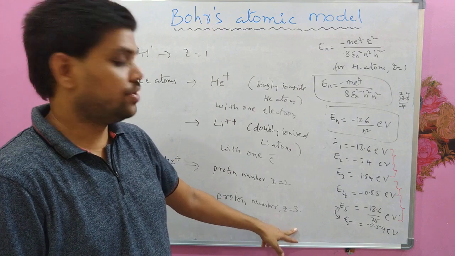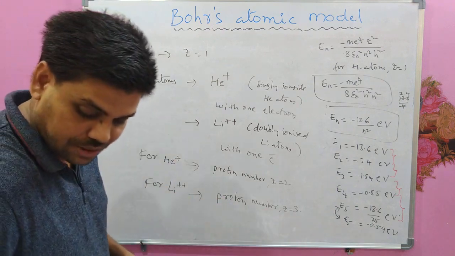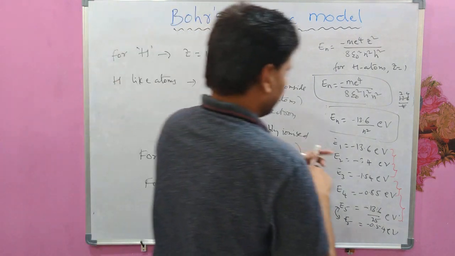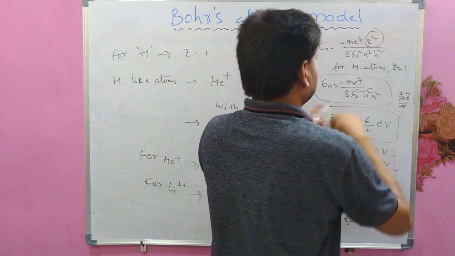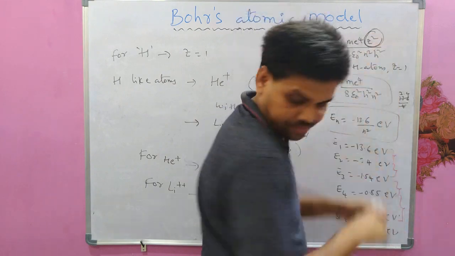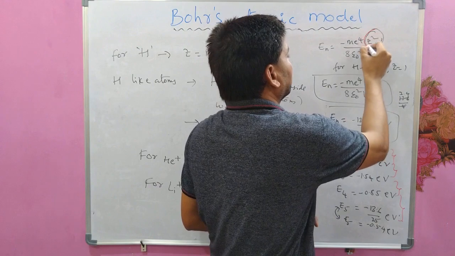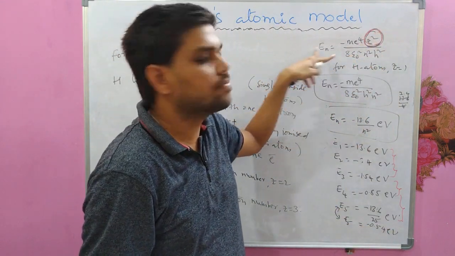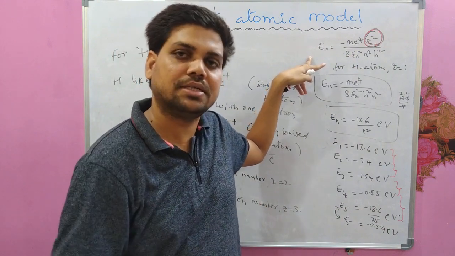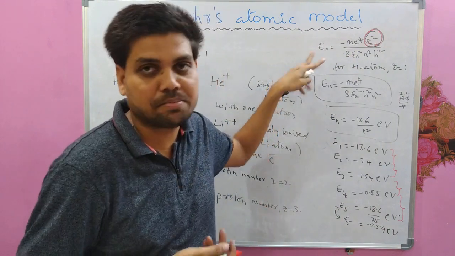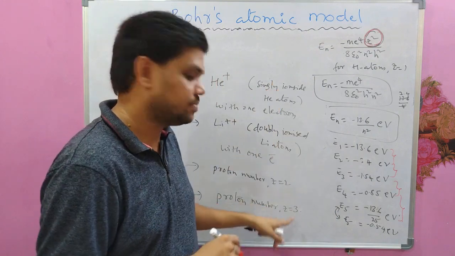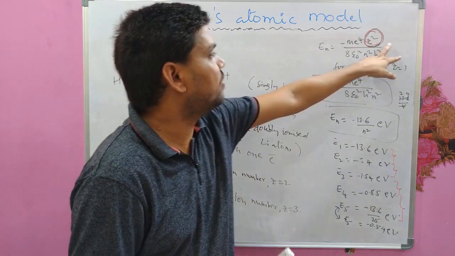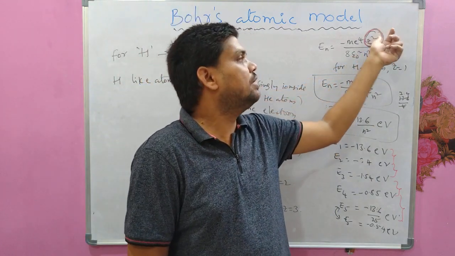which means when you are writing the energy values or radius of the orbit values for these, what you have to remember, you should not neglect this Z square in the formula, because everything is same for hydrogen, helium plus and lithium plus plus, except Z. So what you have to substitute for Z, if it is helium plus, Z will be 2.